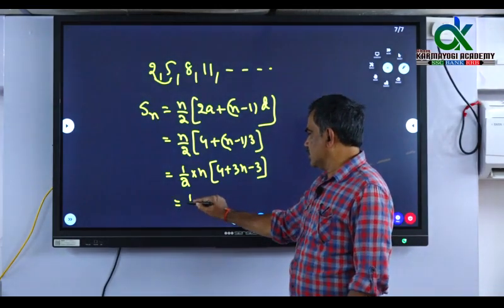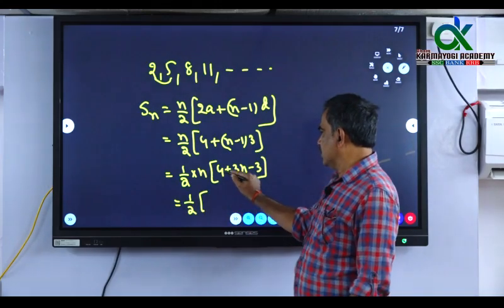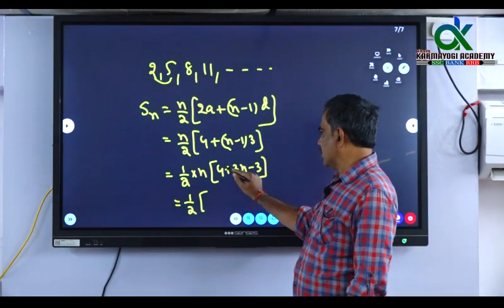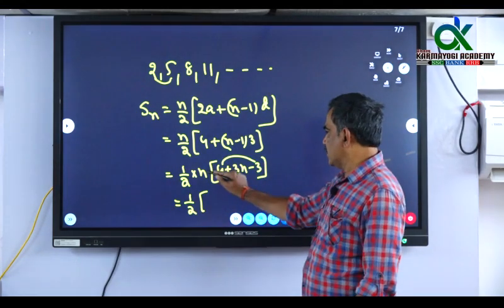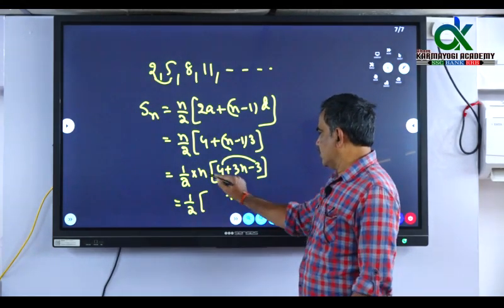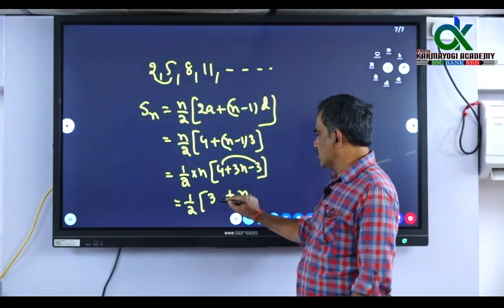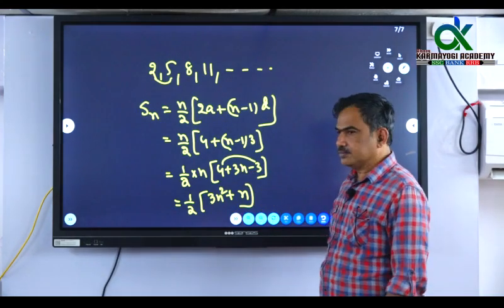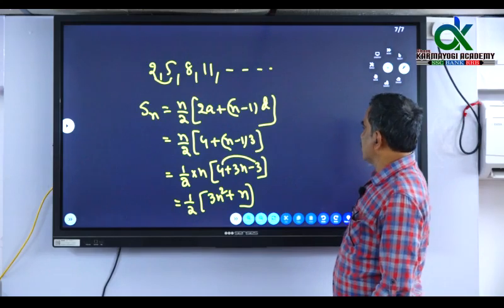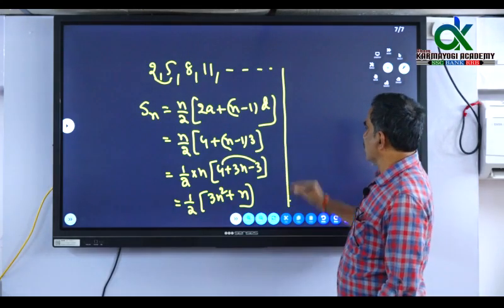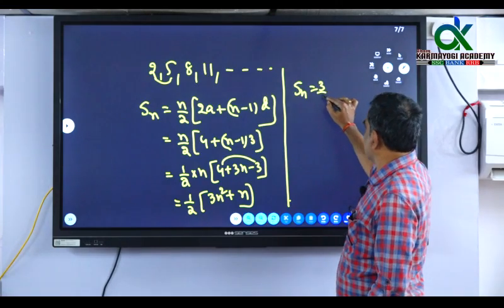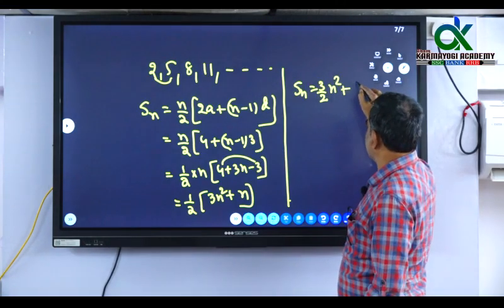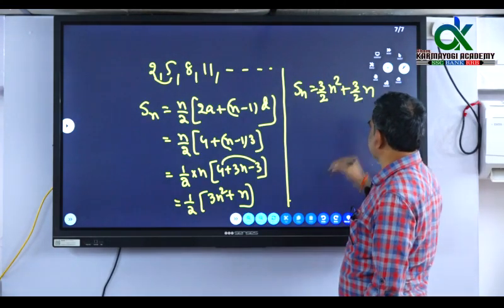This can be written as 1 by 2 into n into 4, or otherwise what is 4 minus 3? 1. 1 into n plus 3 into n square. So this is nothing but Sn is equal to 3 by 2 n square plus 3 by 2 n.